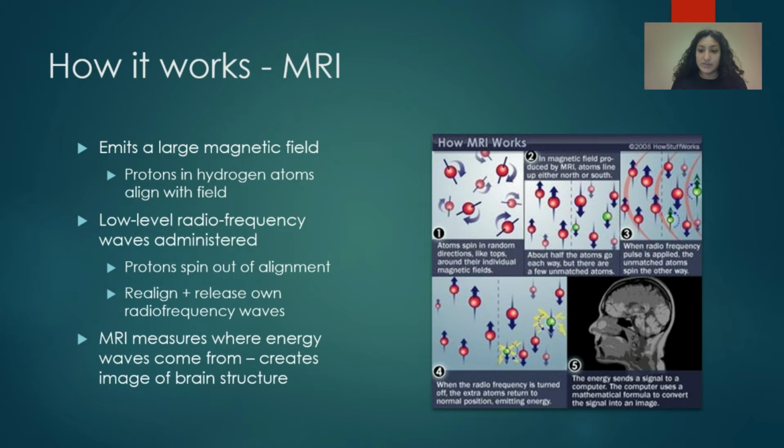Once the radio frequency current stops, the protons realign with the magnetic field, releasing their own radio frequency waves as they do this. By measuring where these waves of energy are coming from and the amount of energy released, MRI scans can reveal the relative density of lipid molecules in the brain and therefore create an image of its structure.